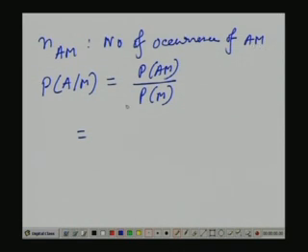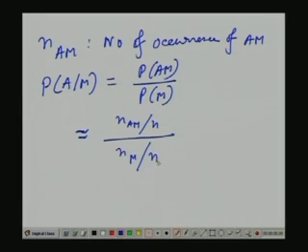That means the corresponding probability, I put an approximate sign here, because once I get into the frequency based interpretation, I have to have some approximation, and approximation becomes better and better if the total number of trials is larger and larger. So this is N_AM divided by n, the probability standing for P(AM), divided by, and what is P(M)? Again divided by n, out of n trials I got N_M times this event M occurring, which leads to this.